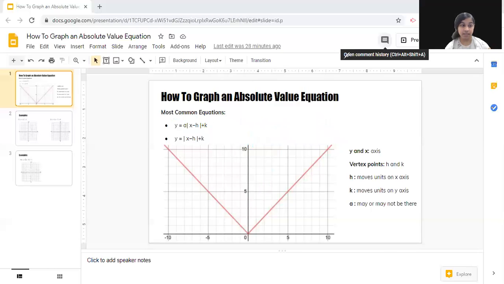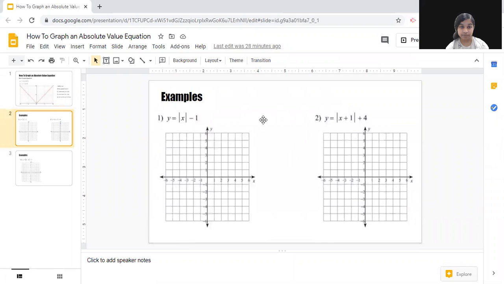So let's look at some examples here. So our first example is y equals the absolute value of x minus 1. So what we first do is that we will figure out the vertex point. As you can see, there is no h point, so it'll stay at the default value of 0. However, we do have a k point, which means that we will be doing what the case says.